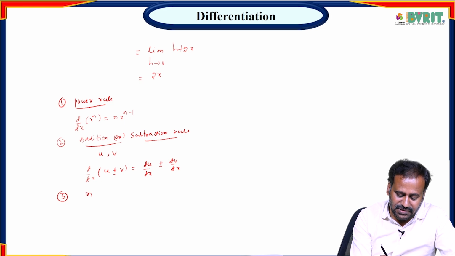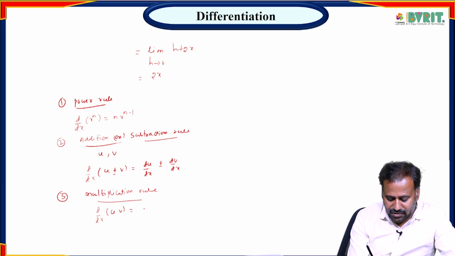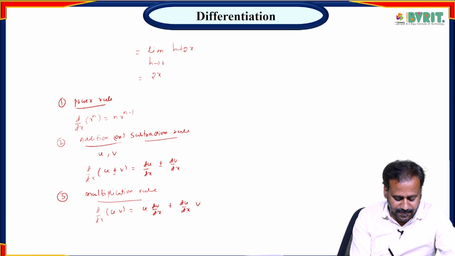Next, multiplication rule. d by dx of uv is equal to u into dv by dx plus du by dx into v.